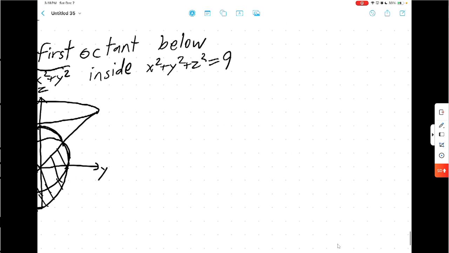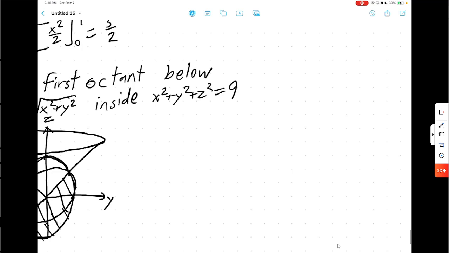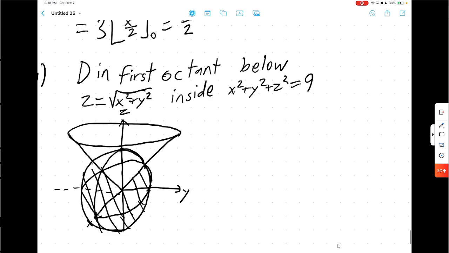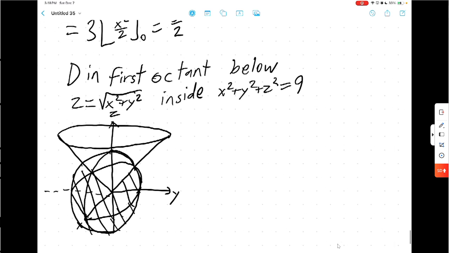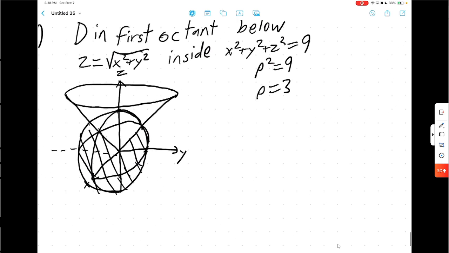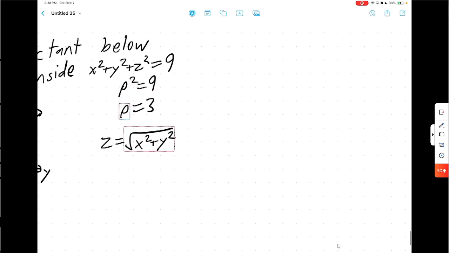So first below the cone, the easiest thing you can do here is just to make everything into spherical coordinates because we have a sphere and a cone. So the first one, x squared plus y squared plus z squared equals 9, will become rho squared is equal to 9, which means rho is equal to 3. Z is equal to square root of x squared plus y squared.